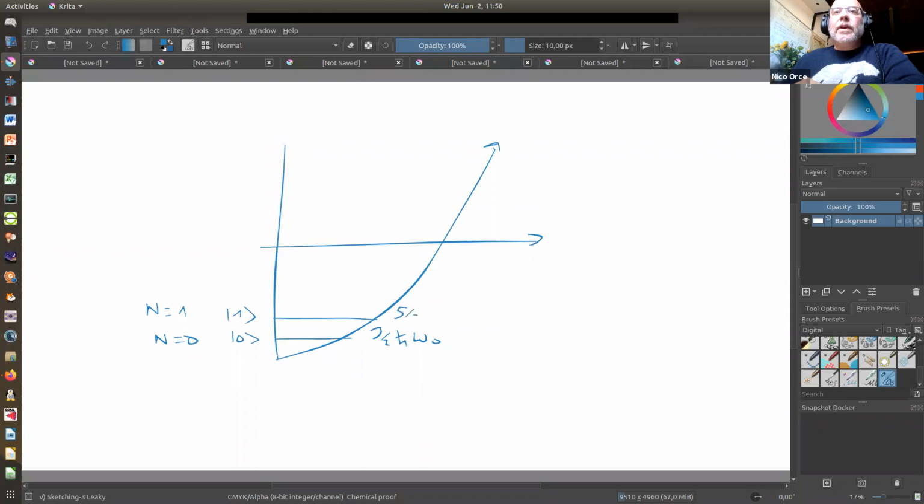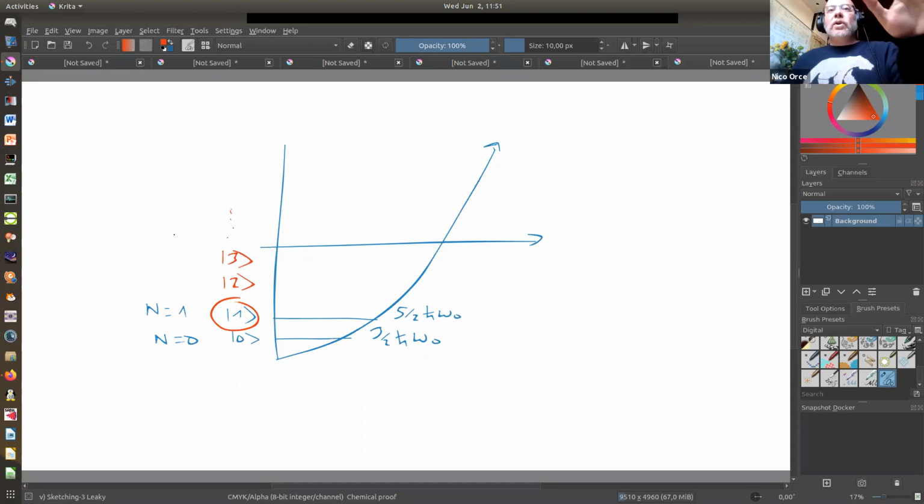This is 5/2 of h bar omega naught. And this is what I want you to calculate, guys. I want to use the beam and calculate 1, 2, 3, as many as you can without any Googling.